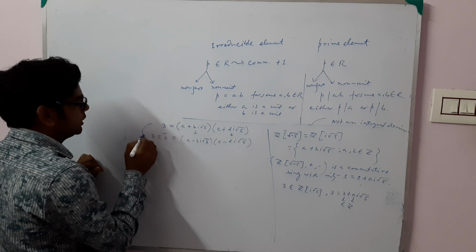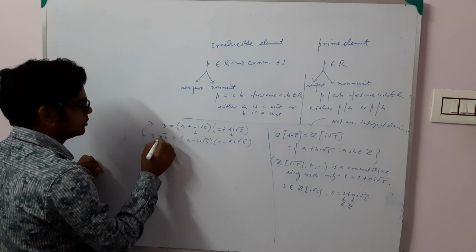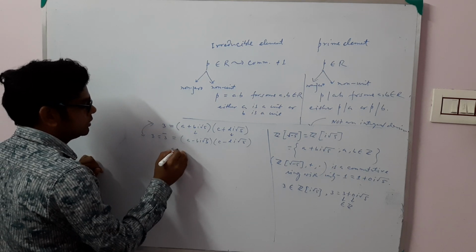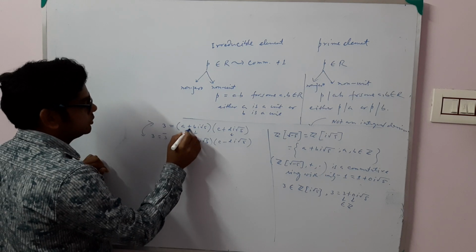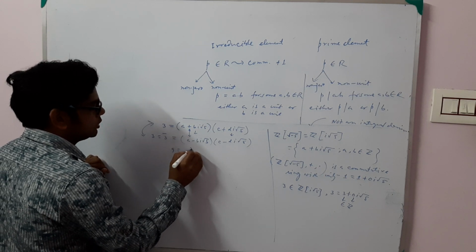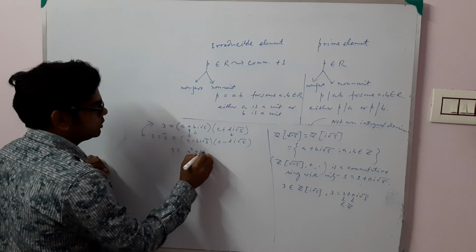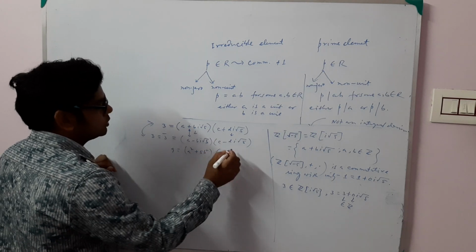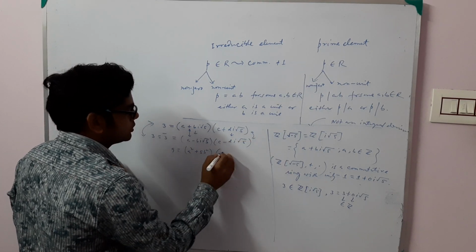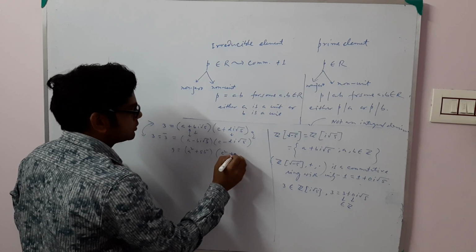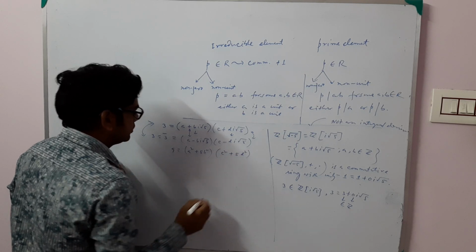Now we multiply these two, so you'll get 3 times 3 is 9, and the product of these two will give a square plus 5b square. These two will give c square plus 5d square.